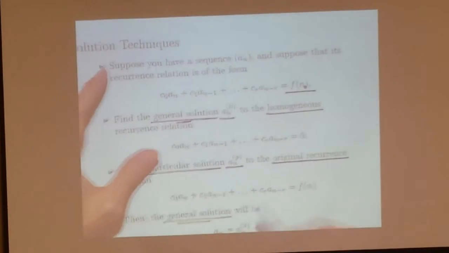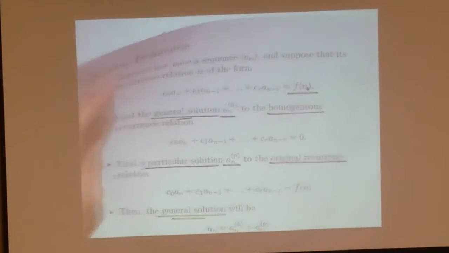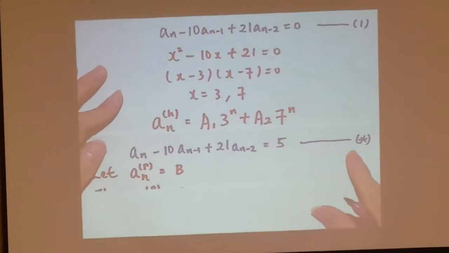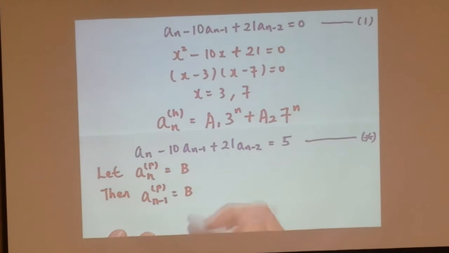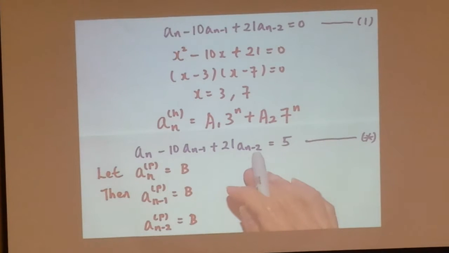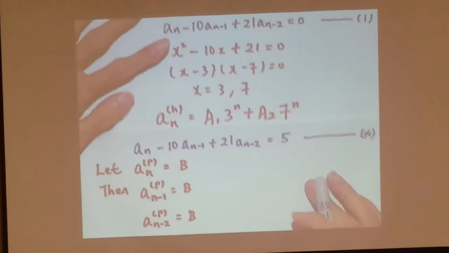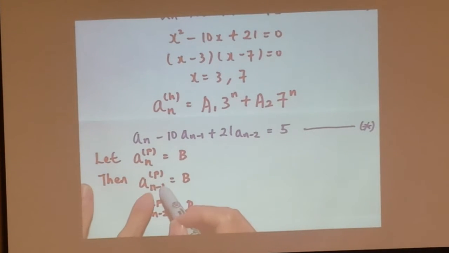So when you guess your a_n^t, you follow the form. So a_n^t will be b. Then a_{n-1}^t is also b, and a_{n-2}^t is also b, because it's a constant, so it is independent of the subscript.